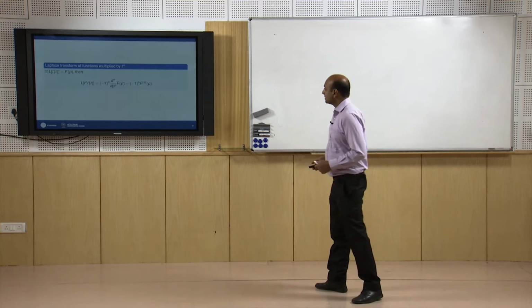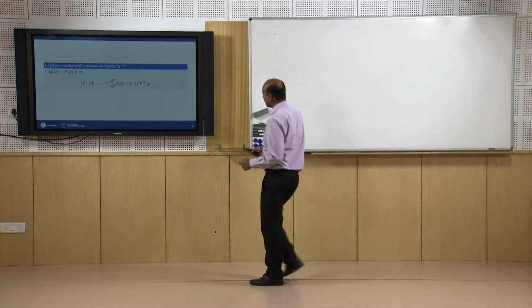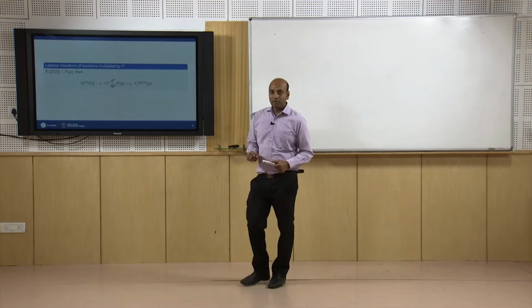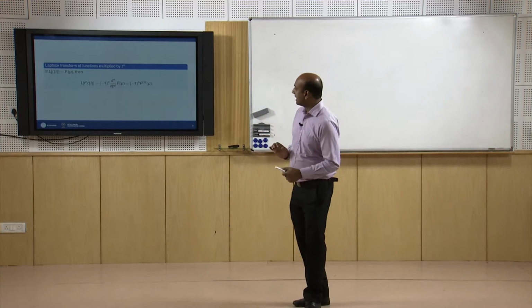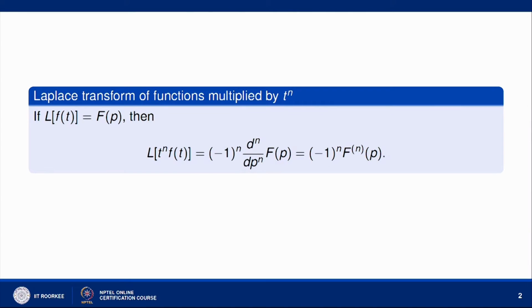So, the next property is: if the Laplace transform of f(t) is F(p), then the Laplace transform of t^n f(t) is nothing but (-1)^n times the nth derivative of F(p).